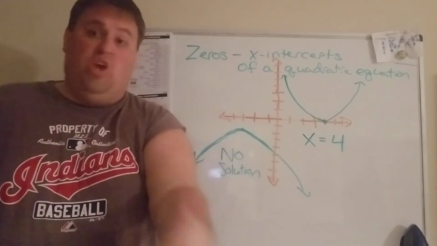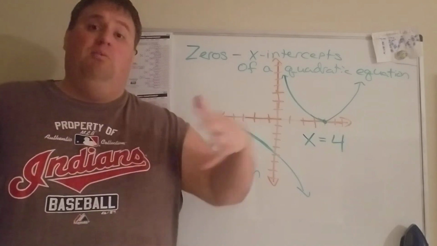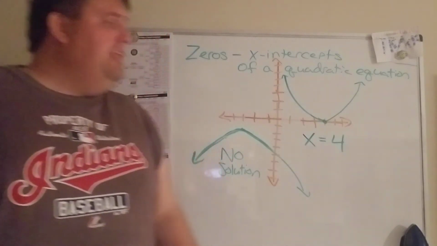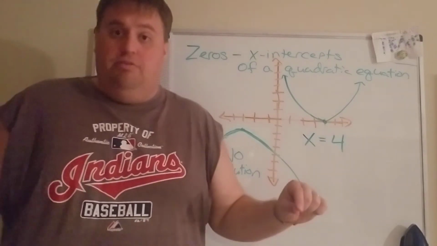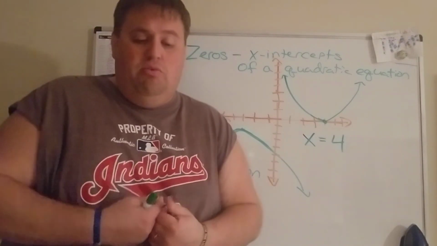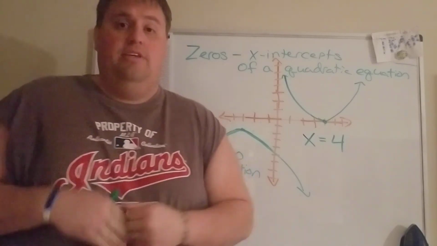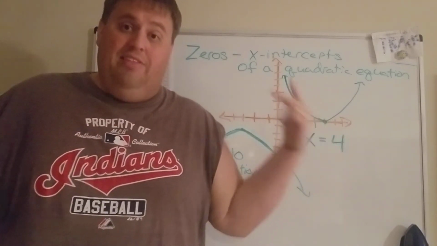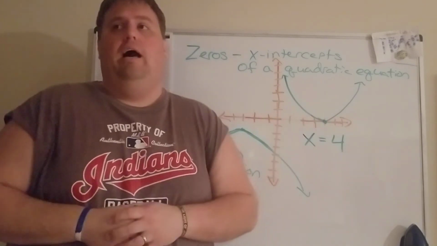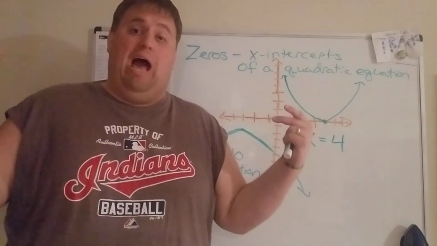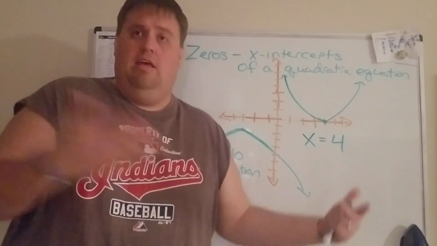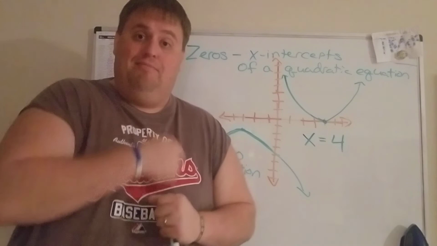All right, I know you can do that stuff. So now let's not worry about it. Let's use the technology. So you can definitely throw these in Desmos and look at the x-intercepts. As long as you know what you're looking for is where these things cross the x-axis, that's a great jumping off point for us today on our first day back. Tomorrow we're going to look a little bit more about how we can mathematically solve for those without the graph and go from there. But yeah, that's for you guys today.